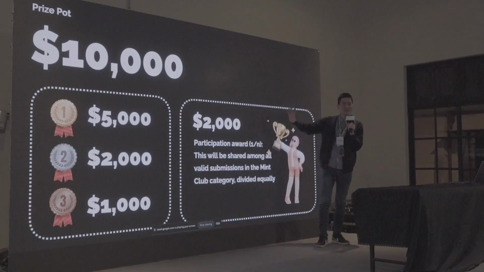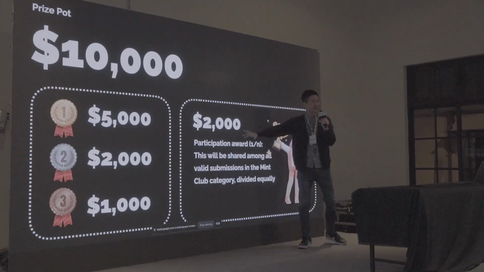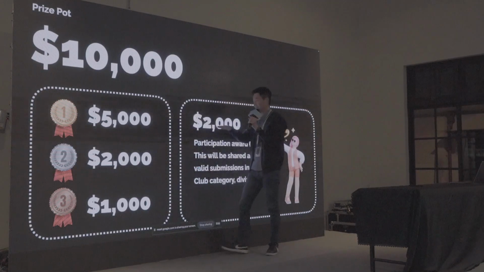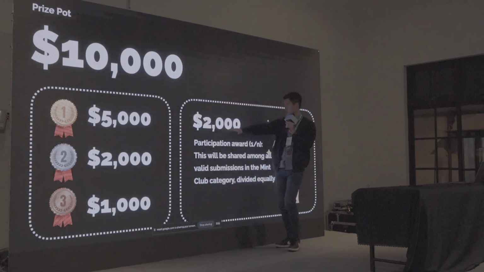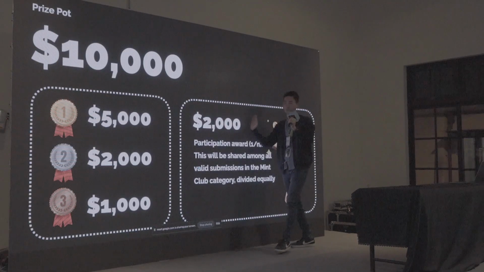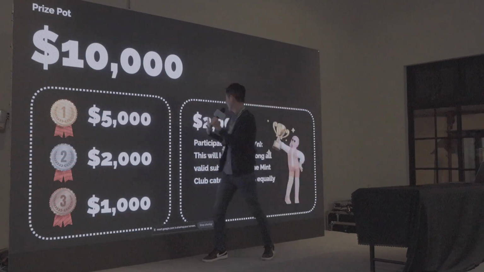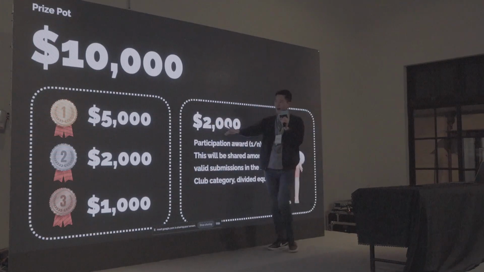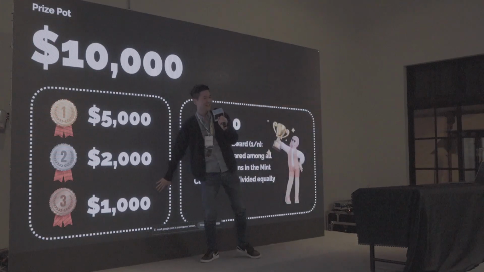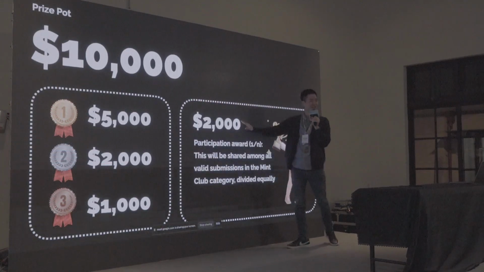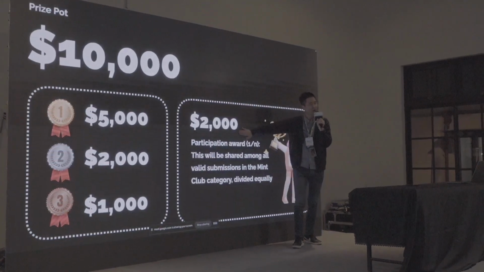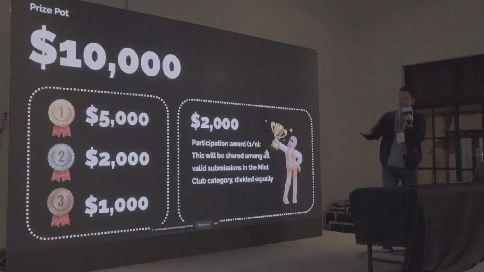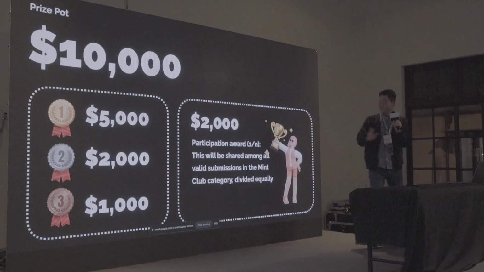For example, if there are 10 submissions to Mint Club and you won first prize, you also get 200 from this, so 5,200 in total. Even if you don't get any prize from 1, 2, 3 but still submit, you still get a share of this prize. It's not for the money, just for fun, so that you still get something, in USDT.